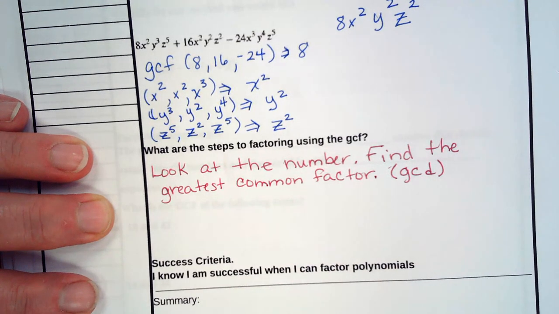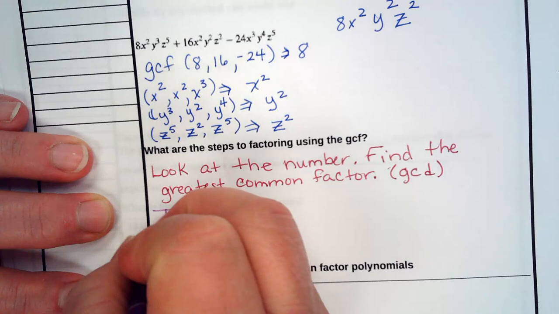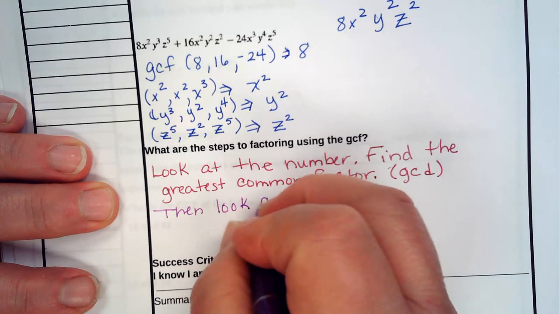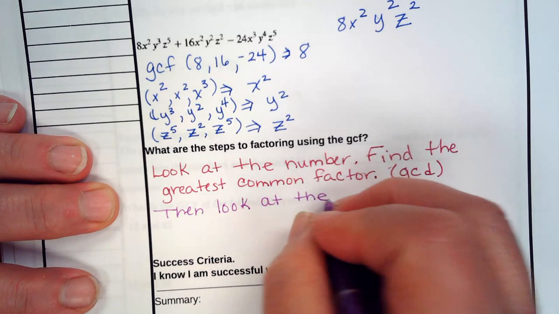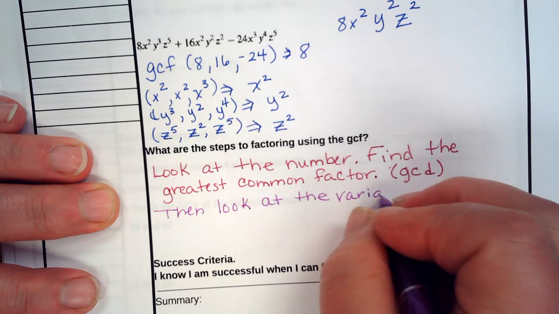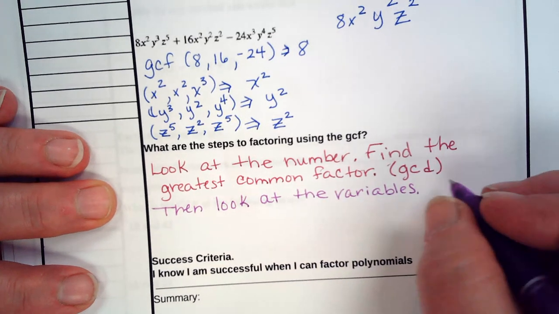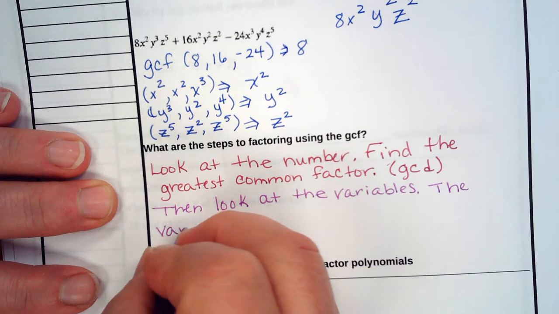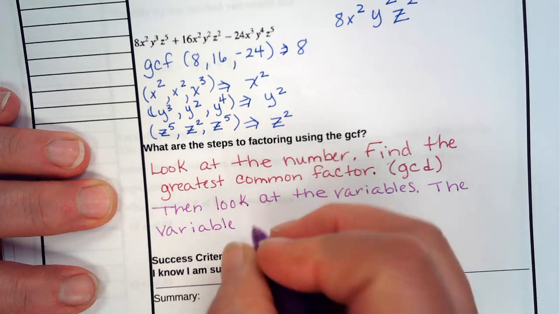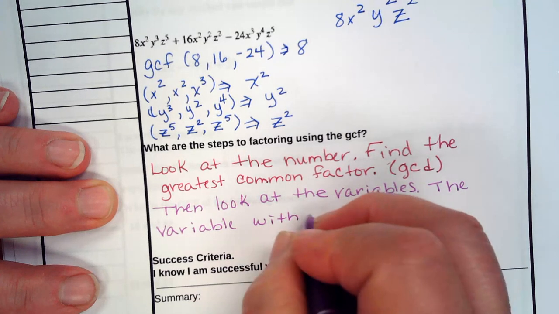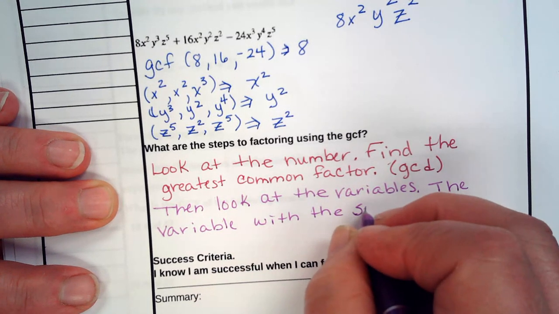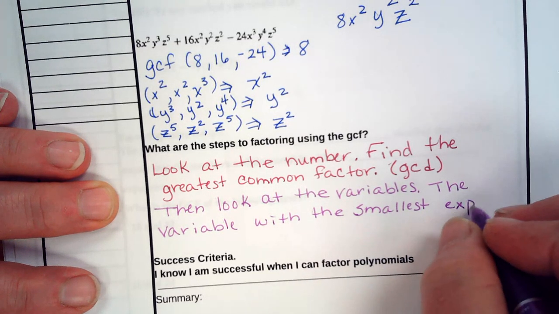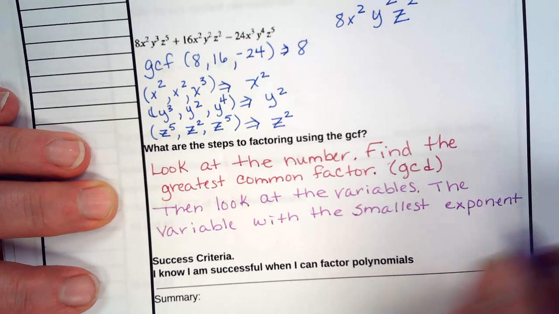Then look at the variables. The variable with the smallest exponent is your GCD.